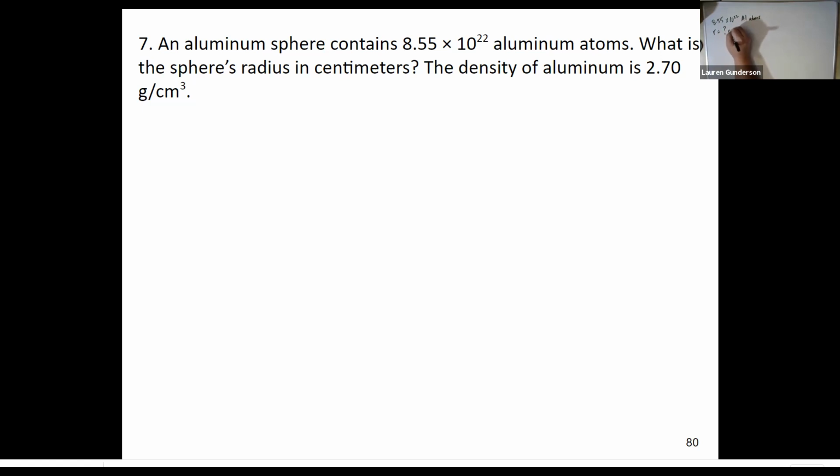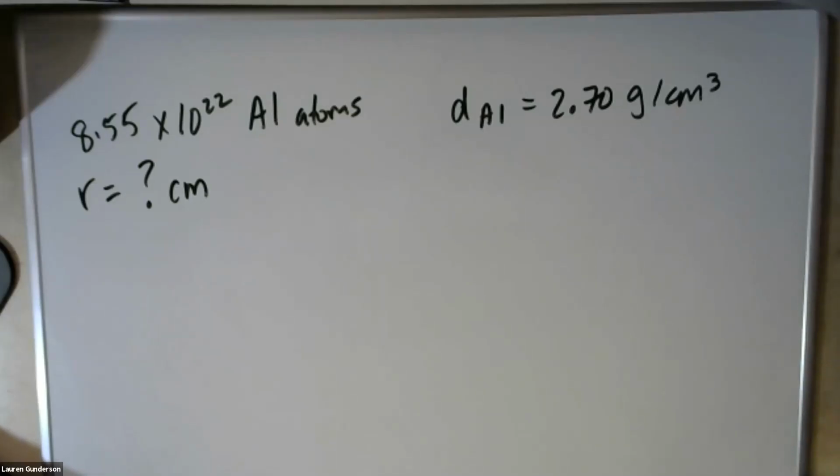So I'm going to write that down as question mark centimeters. And they're also telling us that the density of aluminum is 2.70 grams per cubic centimeter. So with this information, we need to figure out what the radius of our sphere is.